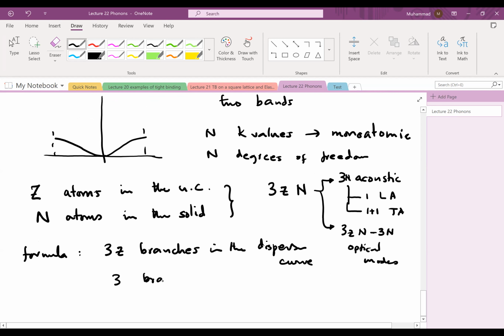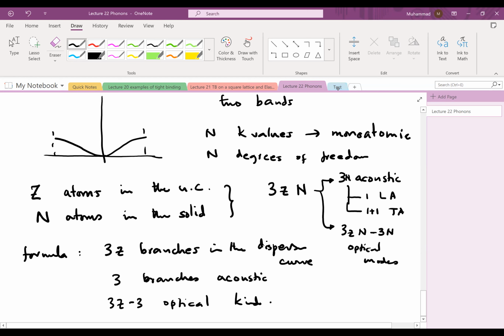Of the 3Z, 3 branches will be of the acoustic kind, and 3Z minus 3 will be of the optical kind. And these branches subsume all the possible degrees of freedom inside the system.